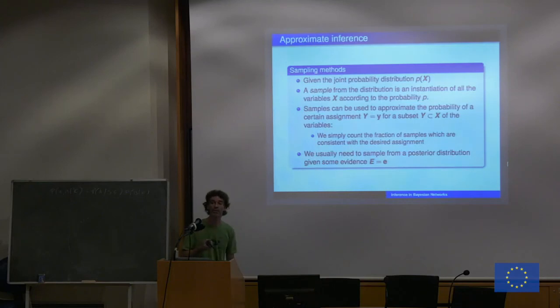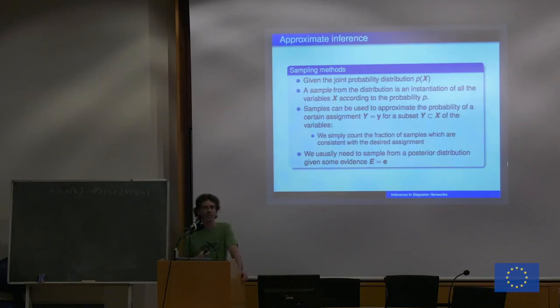The sampling methods, okay, are also reasonably easy to understand because the idea is this. Suppose you're interested in knowing what is the probability of some variables in the network, y, possibly given the evidence. Now, sampling works like this.